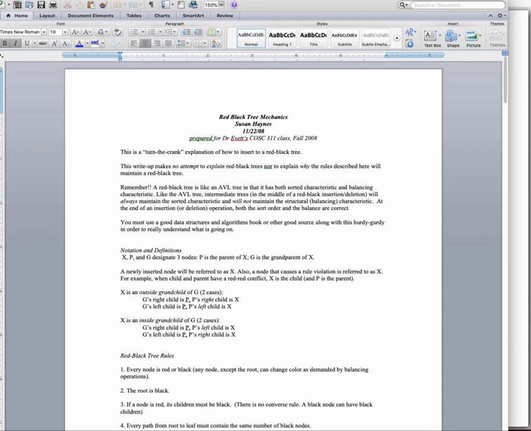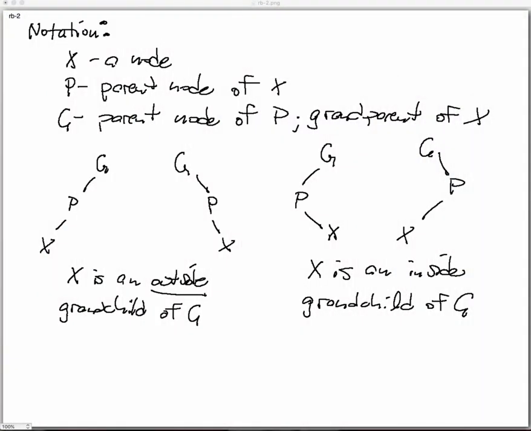That's not a problem. And here's the key point right over here. We say that every path from the root to the leaf must contain the same number of black nodes. Now that is an important property, and I want to explain now where that gets us or why that is advantageous.